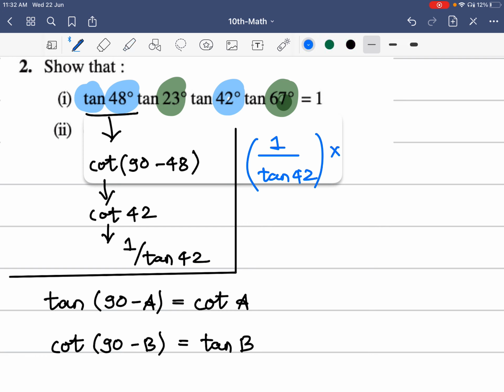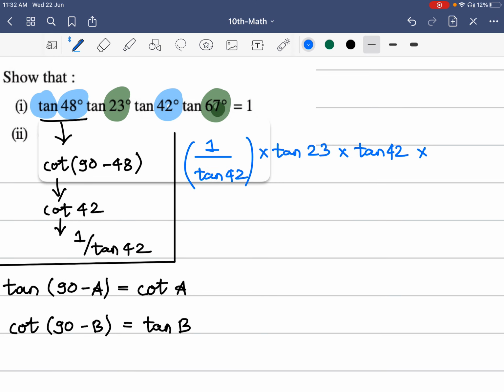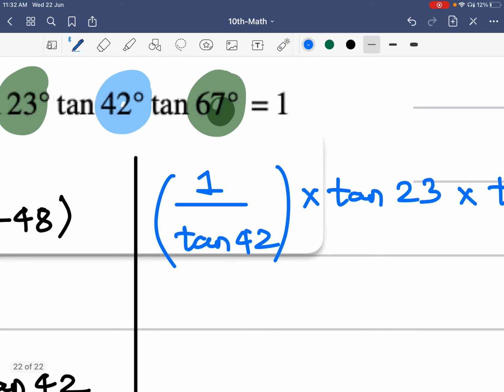So that is, into tan of 23 into tan of 42, and into tan of 67. This is my left hand side of the equation.